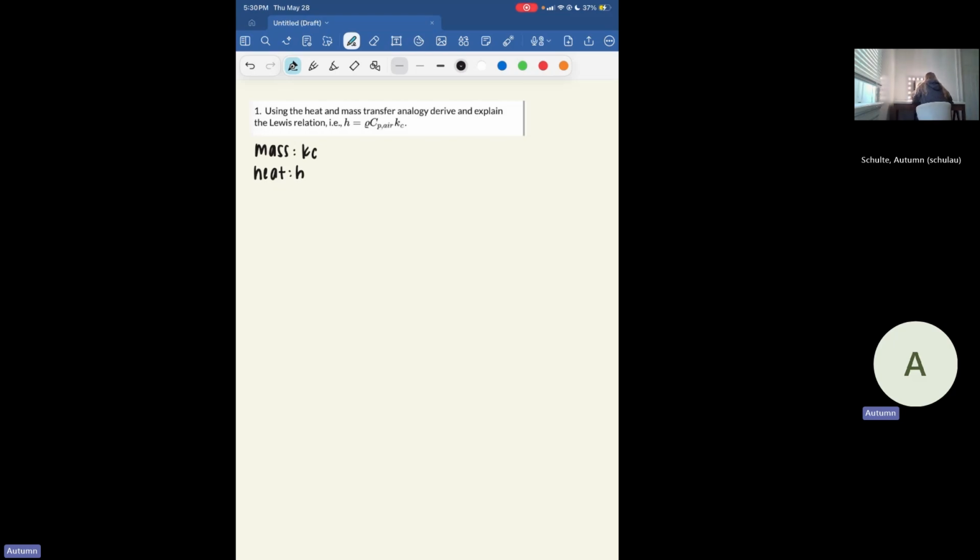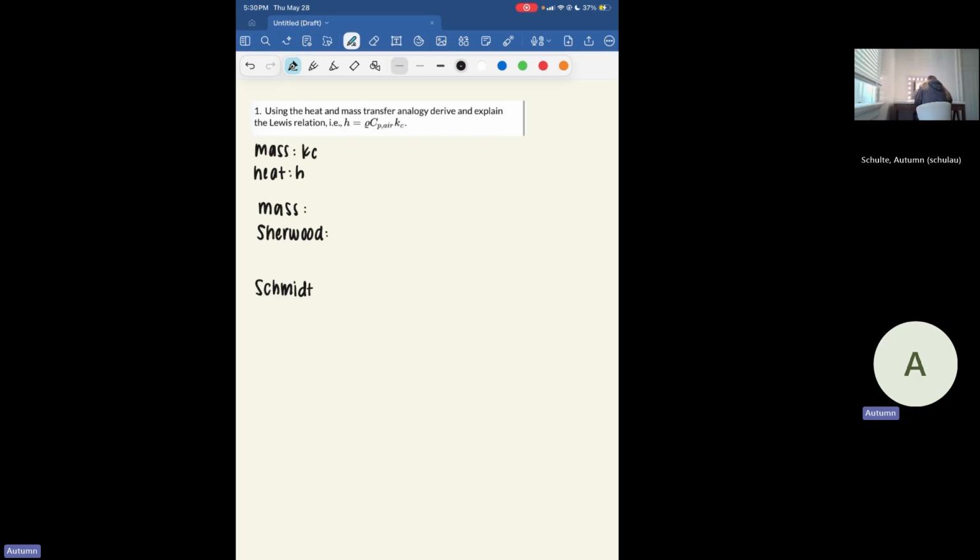And so we have many different dimensionless numbers that come up with heat and mass transfer from the Buckingham Pi method. For mass transfer, two of the dimensionless numbers that come up are the Sherwood number and the Schmidt number.